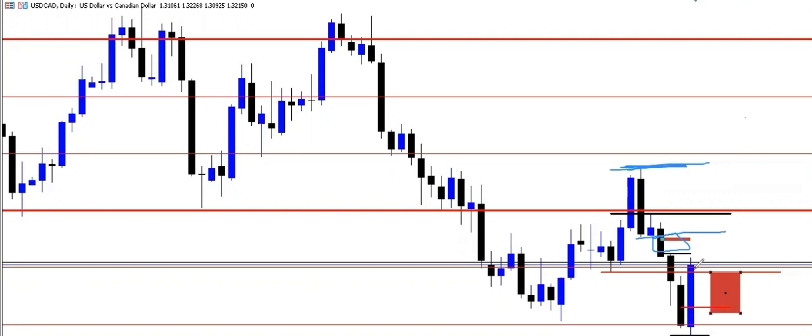Now, when market opens, the market may continue going up before finding a resting point where it will form a lower high before continuing to the downside. If that does not happen, another scenario is this.